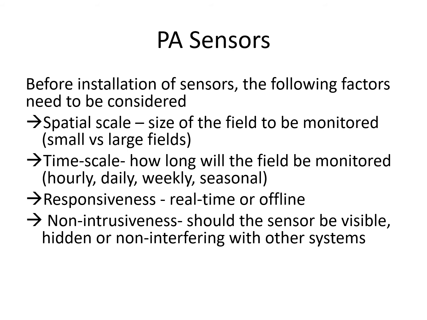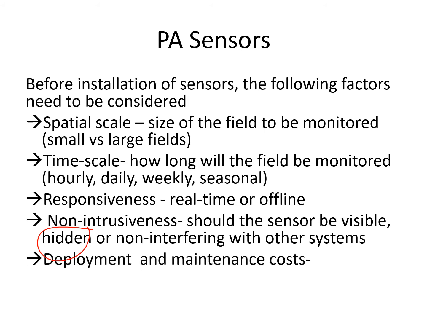Now, that is important given that all agricultural fields are in the open. So if you are not sure that the sensors you install in the field will be safe, then you need to think about hiding your sensors, so that you minimize the chances of those sensors being vandalized.